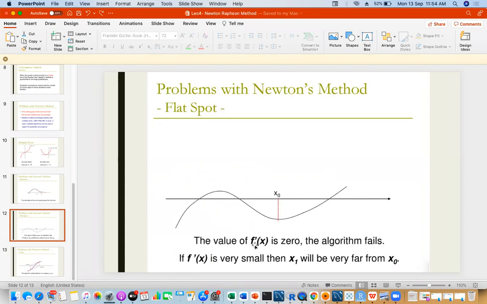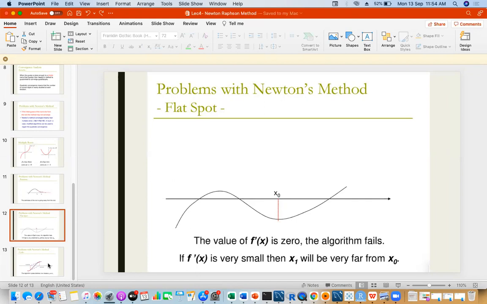What I mean by that is the slope of the tangent will be 0, or f dash of x is 0 at this point. That is called flat spot. So here we will have problem with Newton's method.